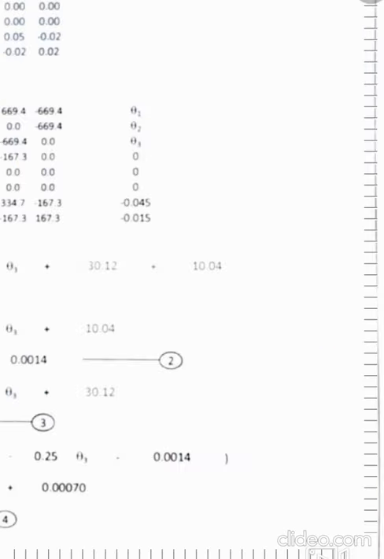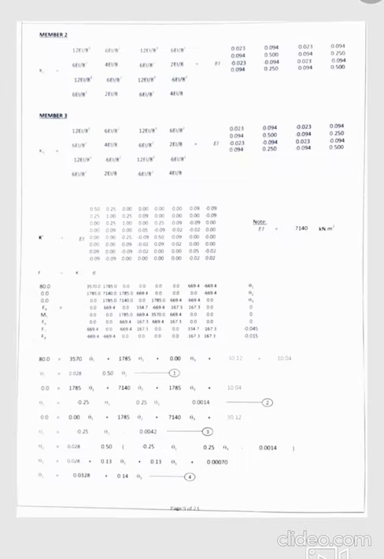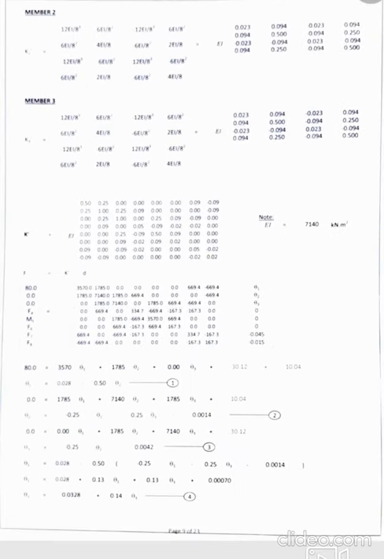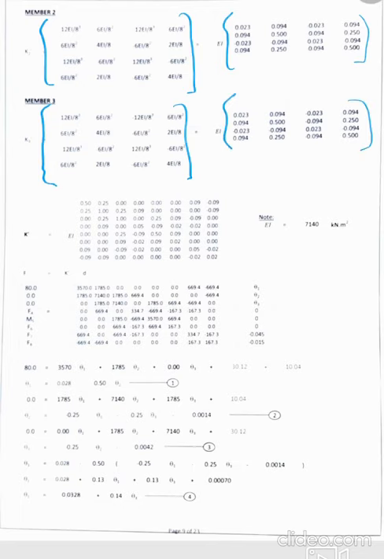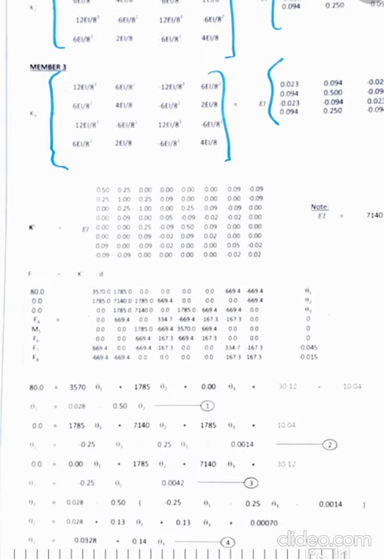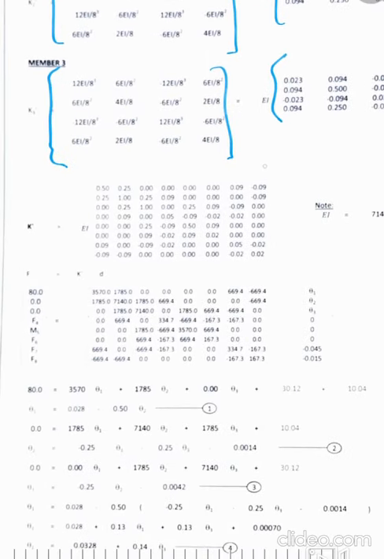Next slide, same, just substitute for member number 2 and for member number 3. These are the values of the matrix. Then collect the matrix of member 1, member number 2 and member number 3, and make it a big matrix. Here this is the matrix.